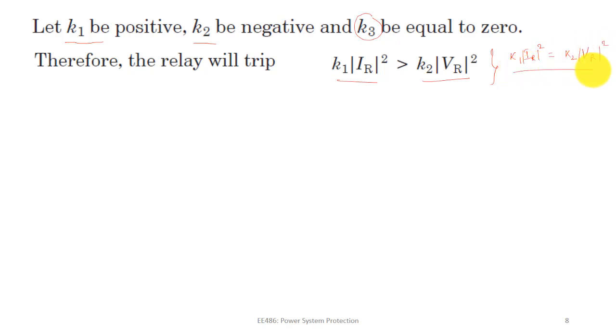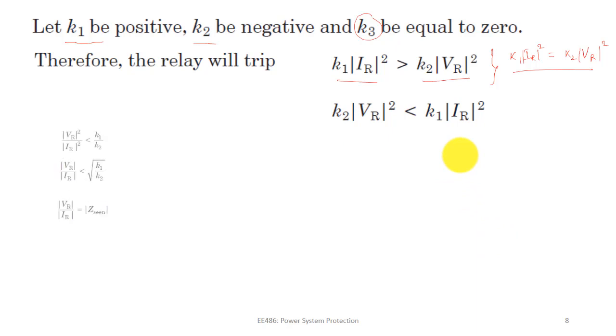So this is at the verge of operation. But when the relay trips, K1 IR square will be greater than K2 VR square, right? Now K2 VR square will be less than K1 IR square, right? Just by inversing, right?